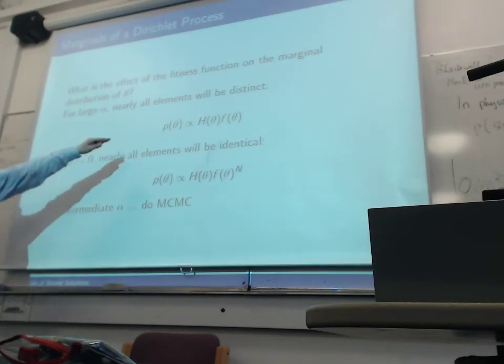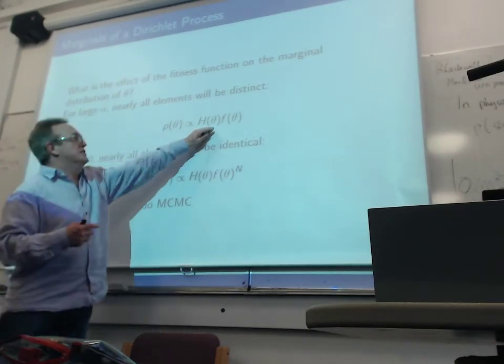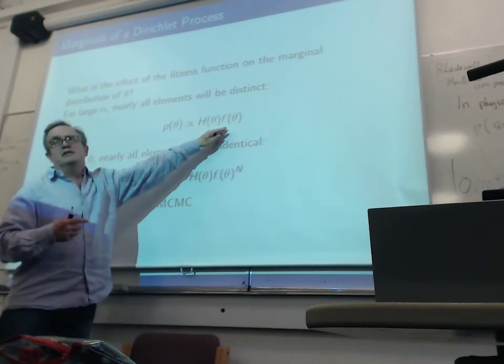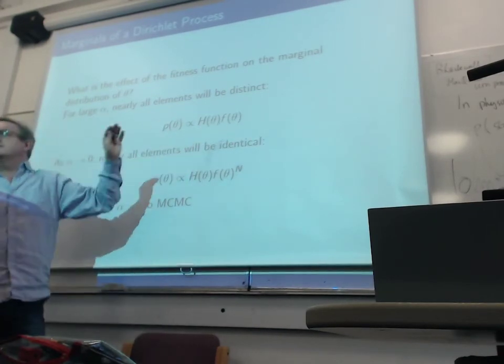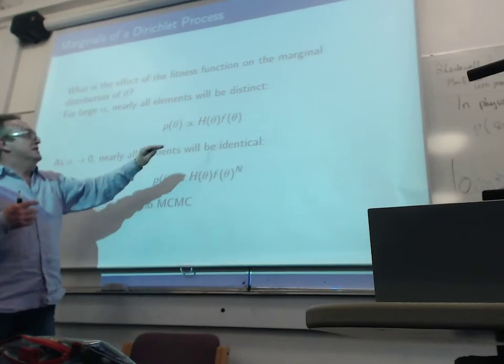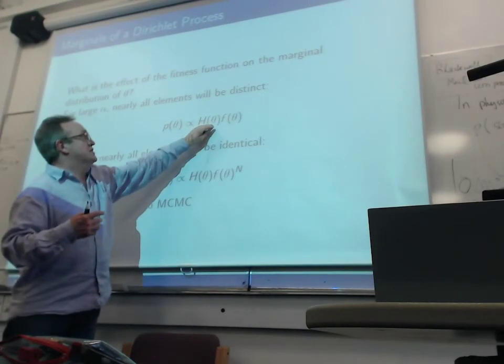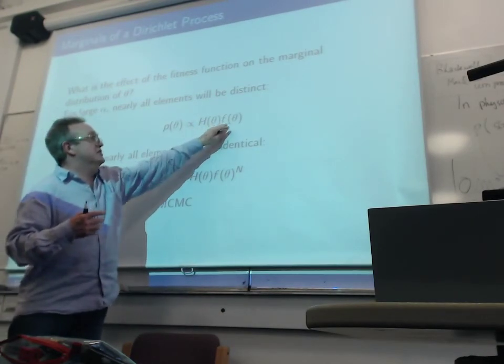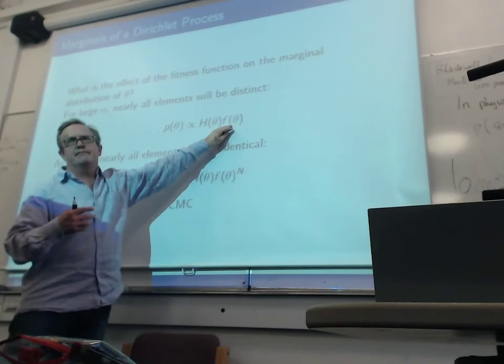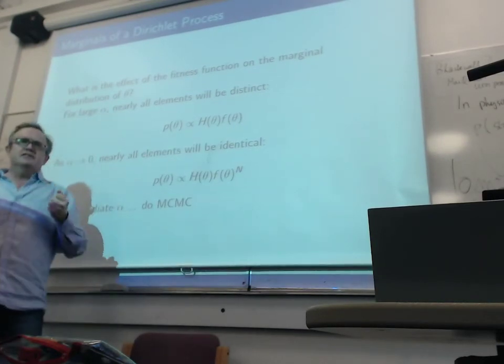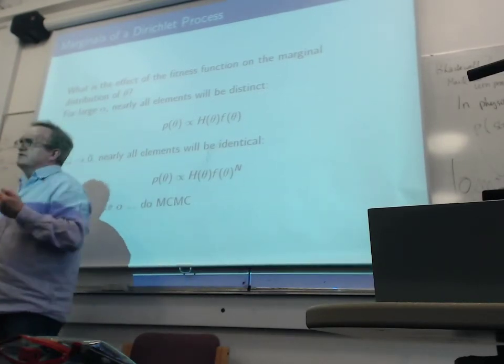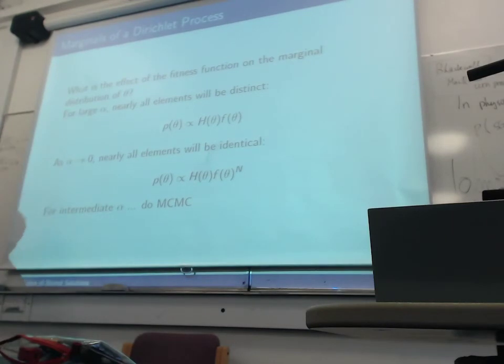And in that case, your marginal distribution of theta, the values of theta you're going to typically find in your population, is simply going to be proportional to the probability of generating that theta under h times the fitness. Let's take the other extreme. Suppose that alpha is really small.